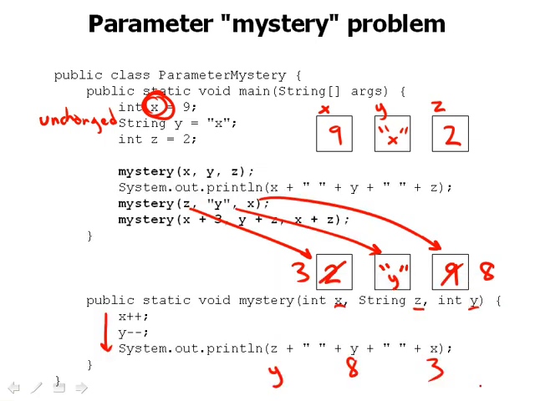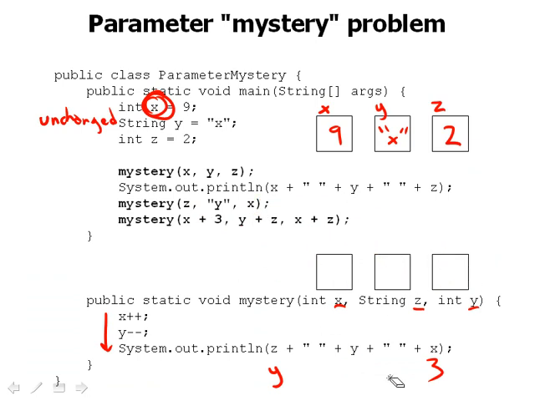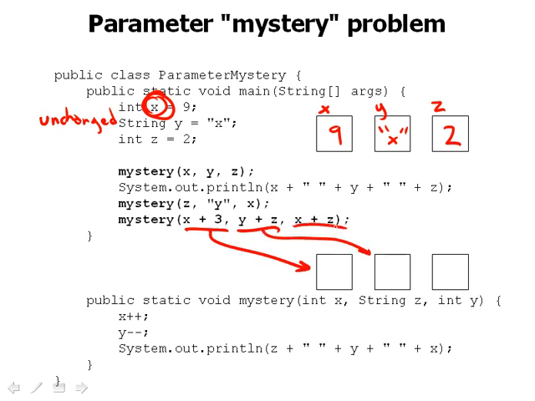And now we have one more call to the mystery method to figure out. And that call passes some more complicated expressions as the values of the parameters. It passes x plus 3, y plus z, x plus z. So remember again, this one goes here, this one goes here, and this one goes here. X plus 3, that's this variable up here, 9 plus 3, so 12 goes there.